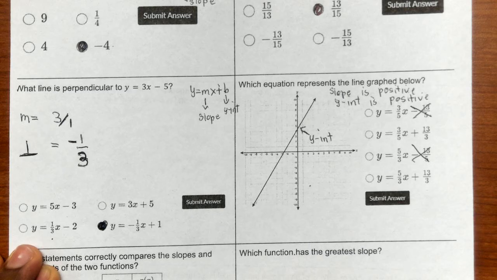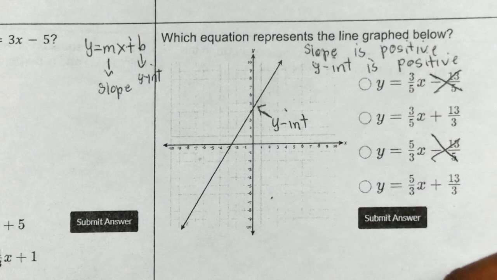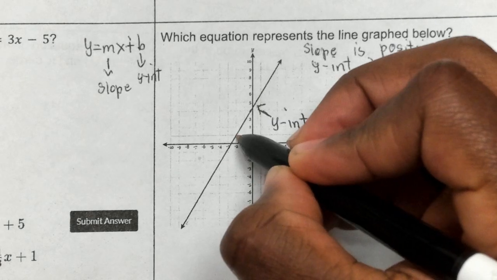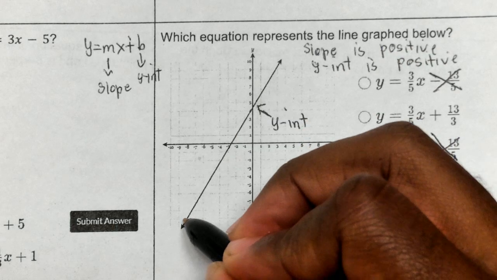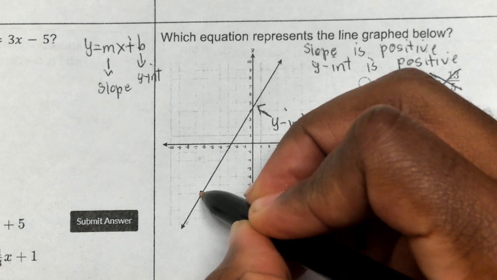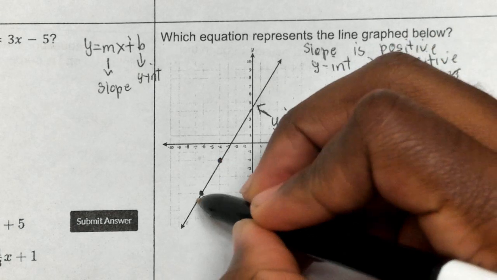What I'm going to do, guys, is try to find the slope by going from a solid point to a solid point. So this one you're going to have to look very closely. Let's try to look for a solid point. Let's start from down here. This looks like a solid point, and this looks like a solid point. So how would we get there?